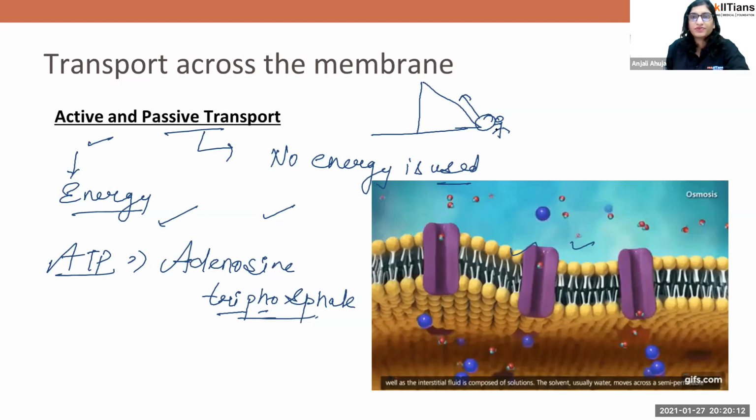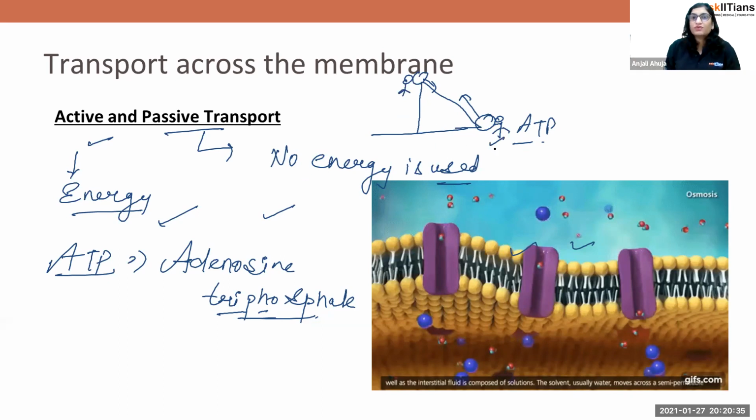You have to throw it upstream. Obviously, you will need a lot of energy, right? Now imagine you are standing at the top and you have to throw that ball down. Obviously, you don't even have to touch it. You just put it there and it'll just go. That is what active and passive transport are.